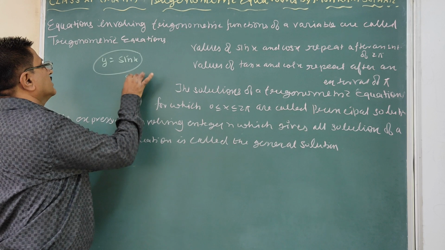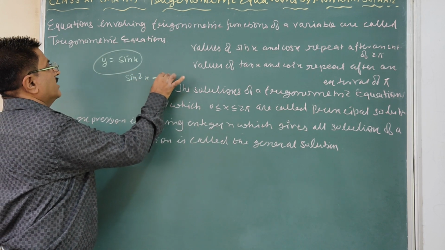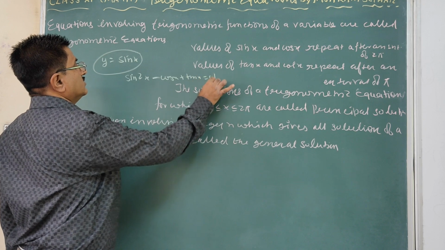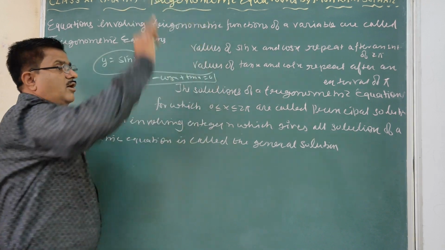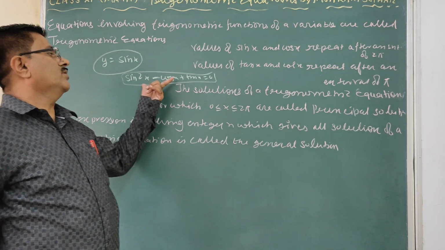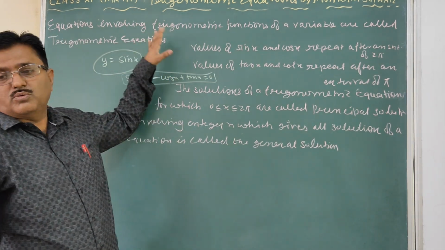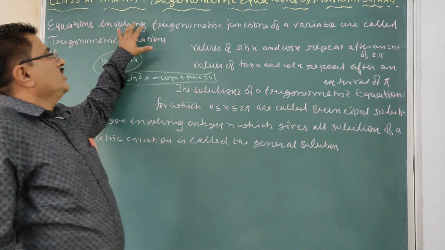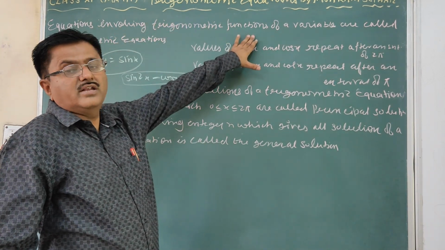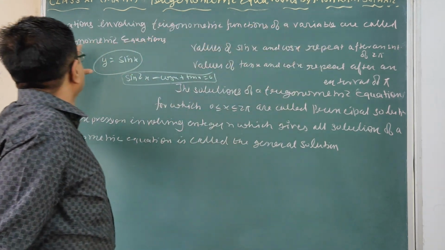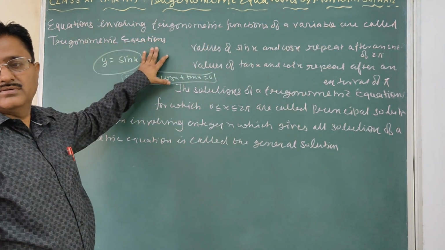Or they may be like this: sin square x minus cos x plus tan x equal to 0. This is also an example of a trigonometric equation. So there are different types of trigonometric equation. What does the definition say? Equations involving trigonometric functions of a variable are called trigonometric equations.